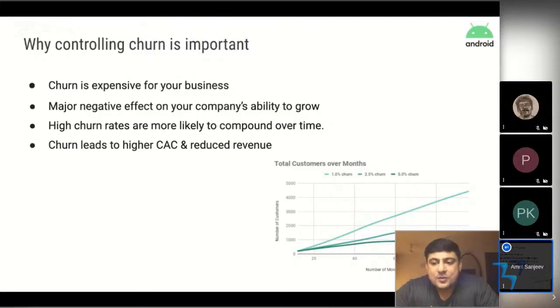The second one, the one in between, is only 2.5% of users churning. And with 5% churn compounded, you're literally not helping your company grow. So controlling user churn and subscription churn is very, very important for the business to grow continuously.